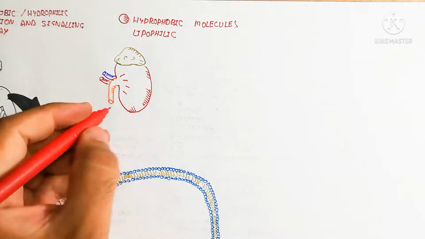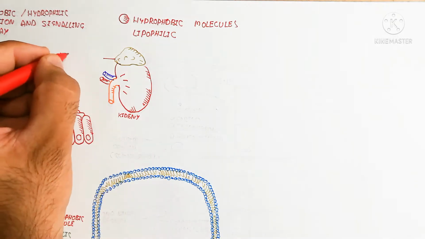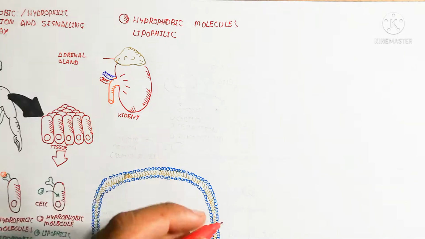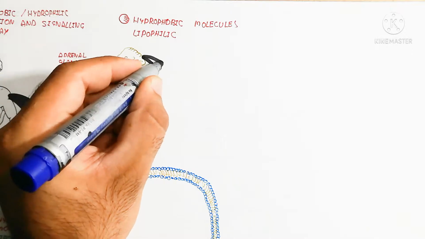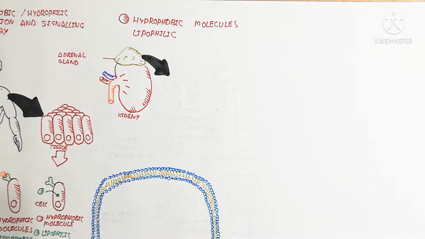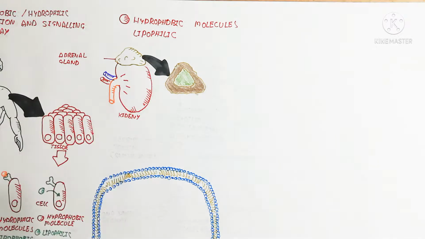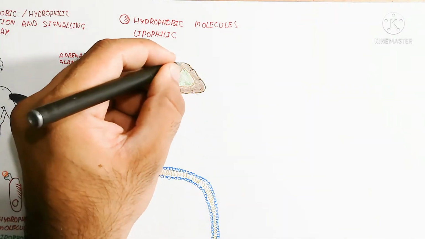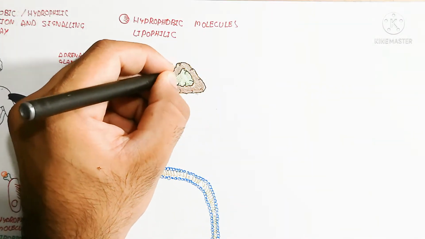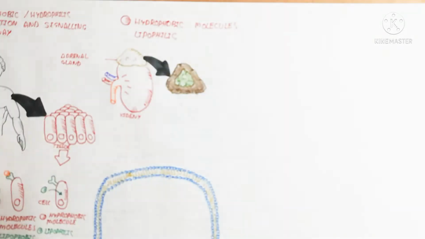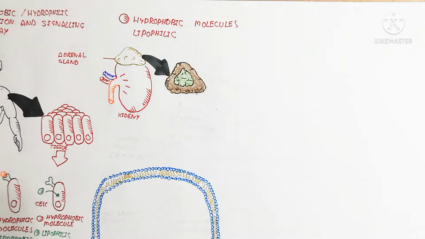Lipophilic means loving the lipid, and hydrophobic means hating the water, the fear of water. For example, the kidney contains adrenal glands in a pair.